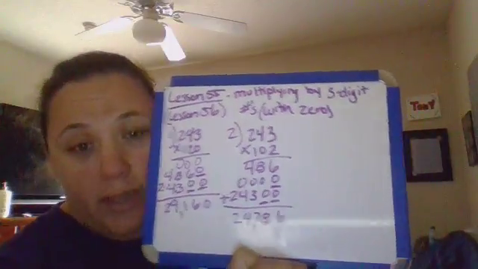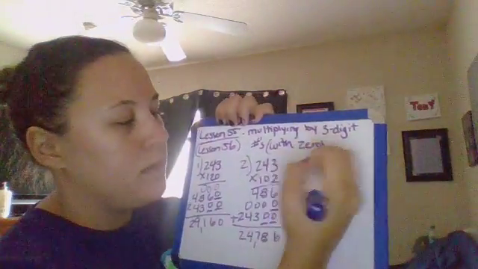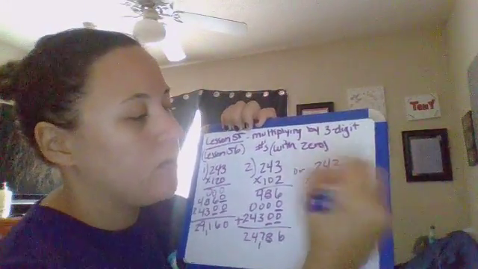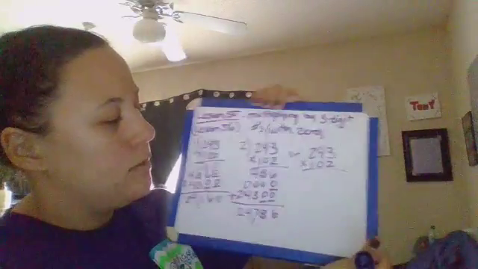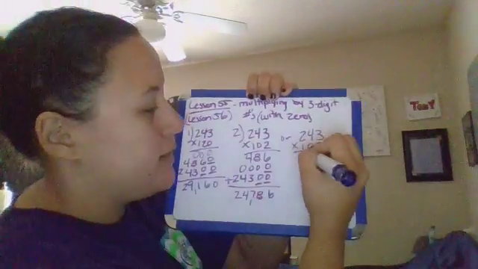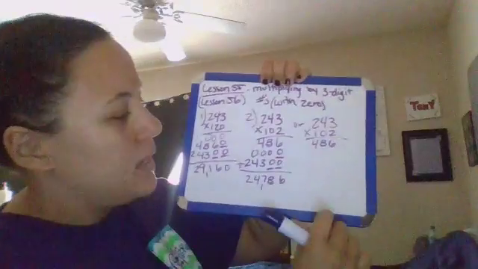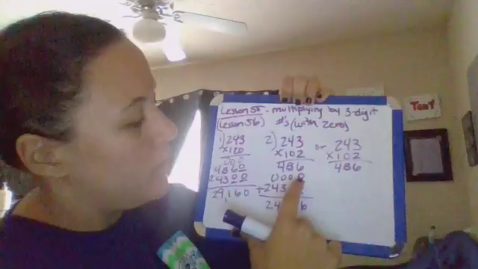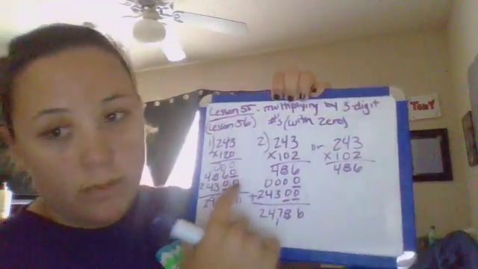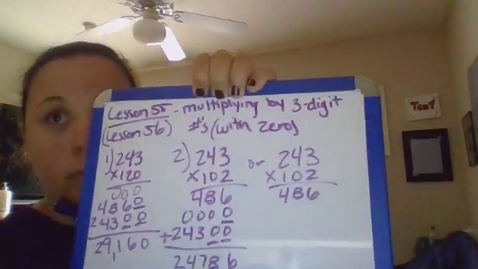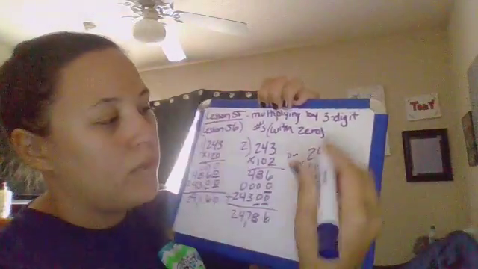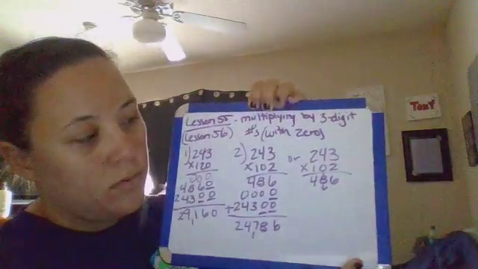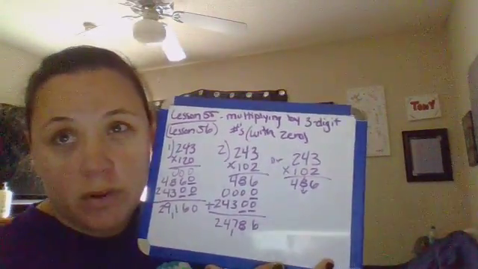So that's one way. Or for this one, it could be done this way also, if the 0 is in the middle of the number instead of at the end of it. So this is 486. And instead of putting our zeros across here where they would normally be, we would know that we would have started there with our zeros.